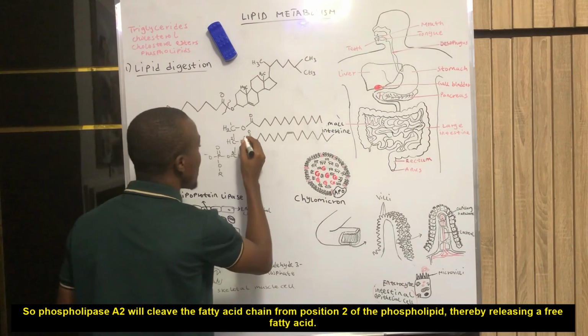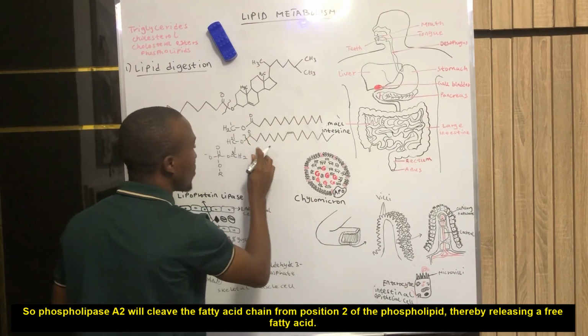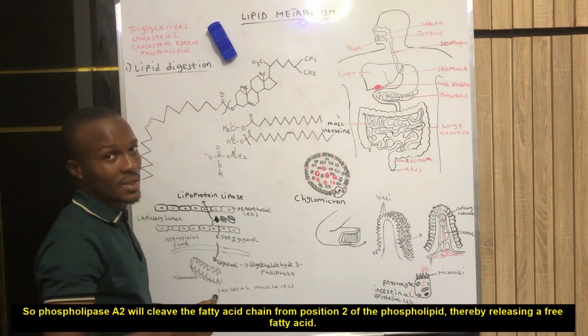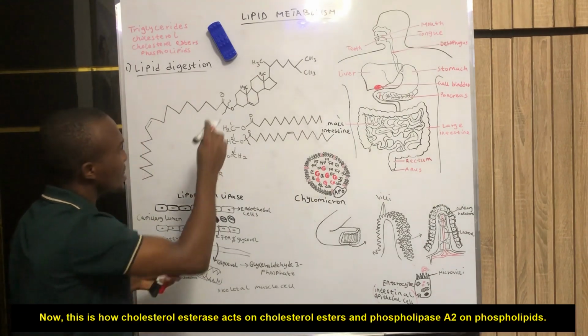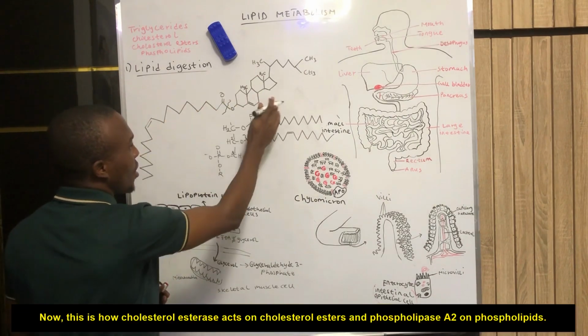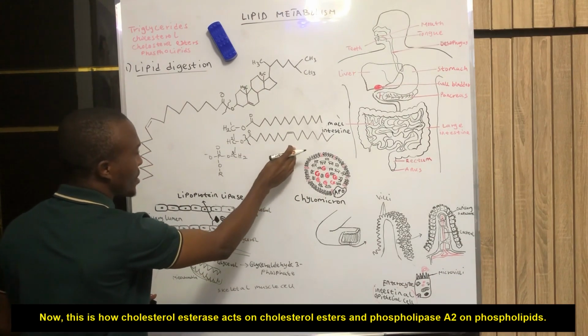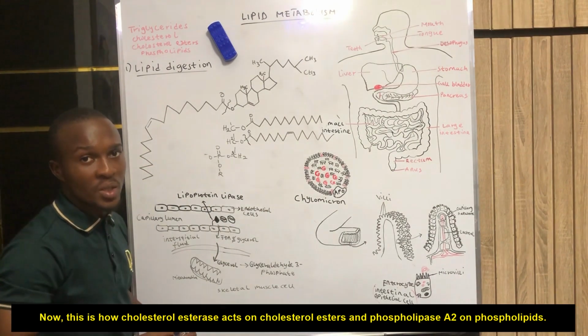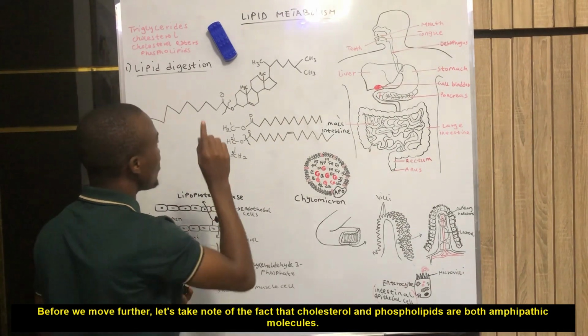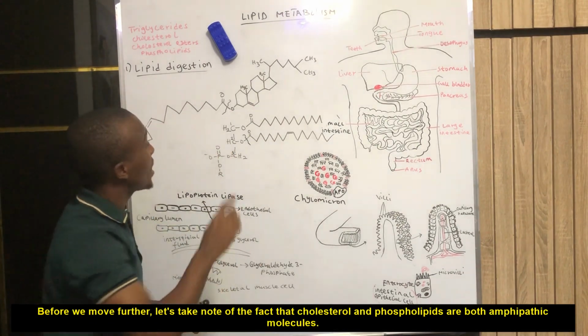So phospholipase A2 will hydrolyze this bond to release a free fatty acid. Now, this is how cholesterol esterase acts on cholesterol esters, and this is how phospholipase A2 acts on phospholipids.